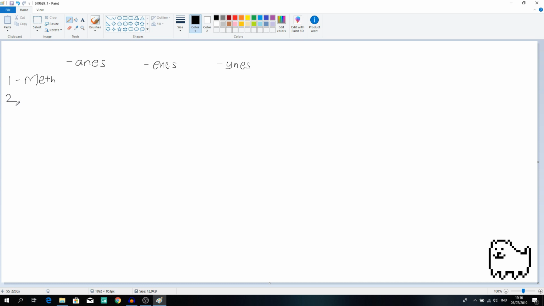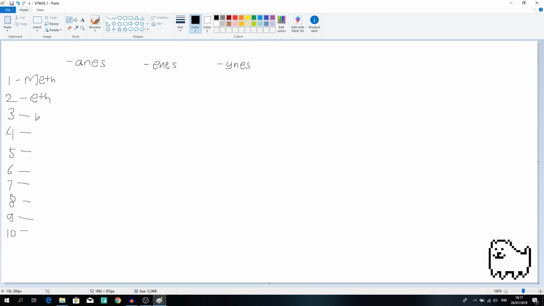Similarly, when we go down and increase the numbers, each of them has its own associated prefix too. I'm just going to write that down for you.